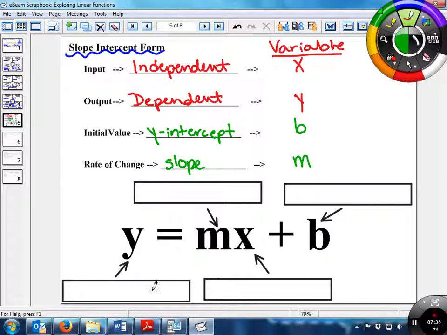So let's label everything in our equation down here. We had y as being the dependent variable. We have m as the slope. X is our independent. And b is our y-intercept.